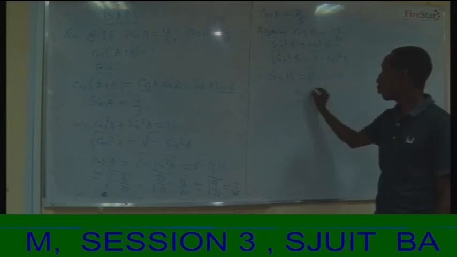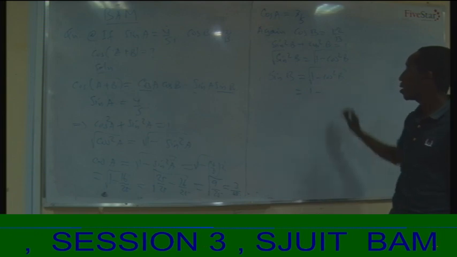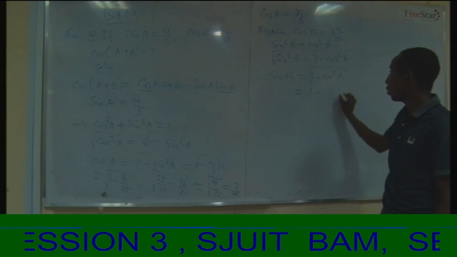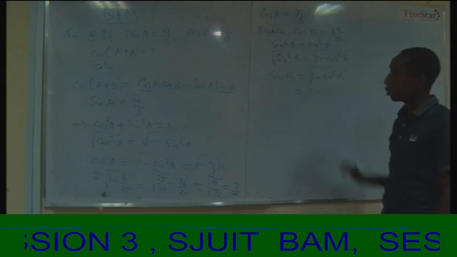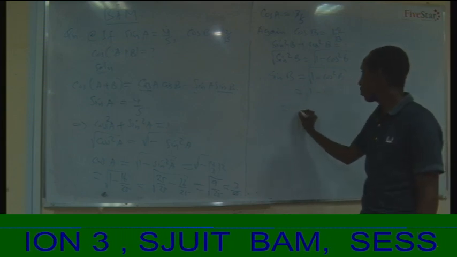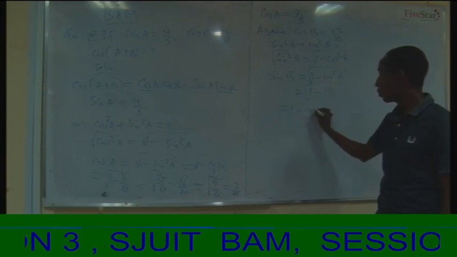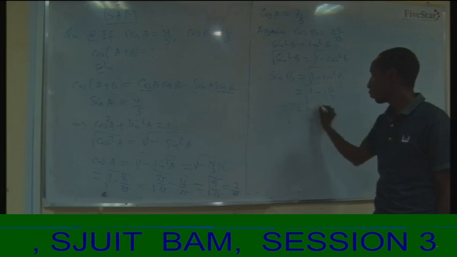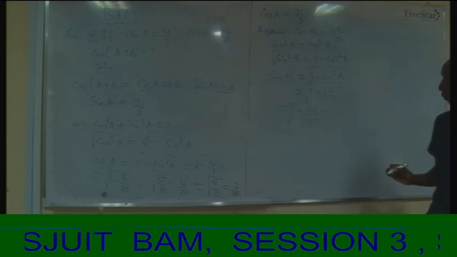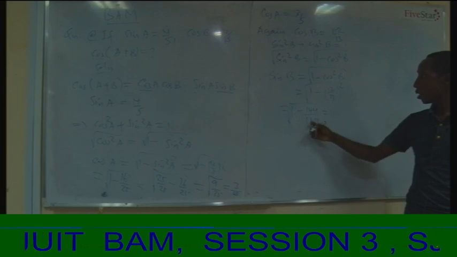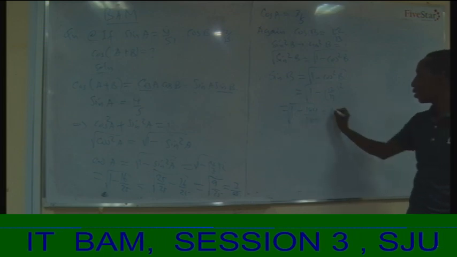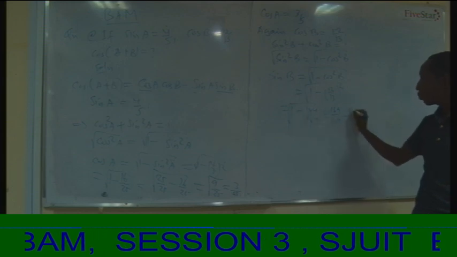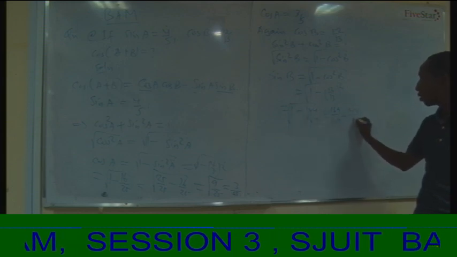So this will be equal to 1 minus what is cos squared B? Cos B is 12/13, so it is 12/13 squared, then taking the square root. This will be equal to 1 minus 12 squared, which is 144, divided by 13 squared, which is 169. The 1 can be written as 169/169, minus 144/169.